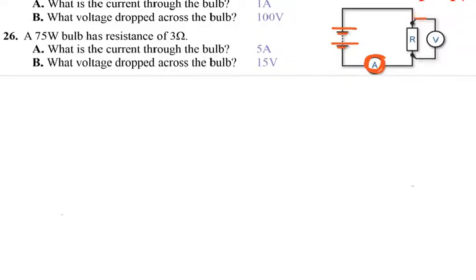And if you want to measure the voltage, you plug in the voltmeter parallel to the resistor, or any supply that has resistance in it, and you can measure the potential difference between two points.